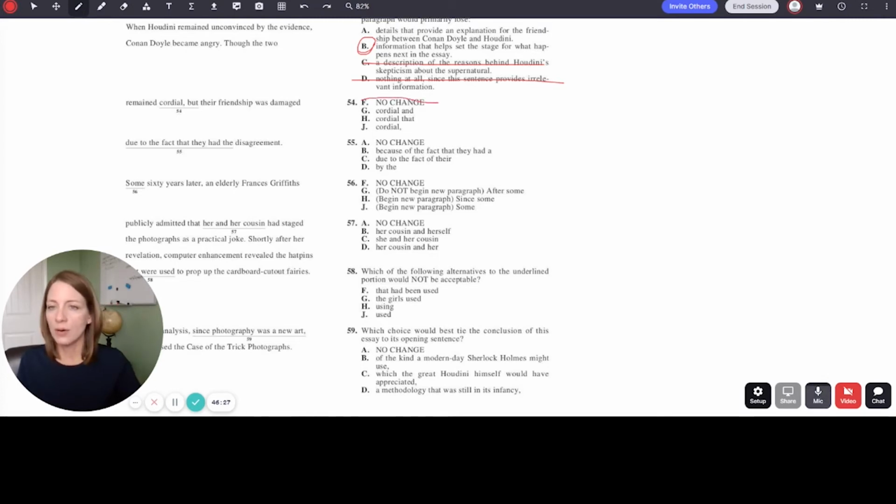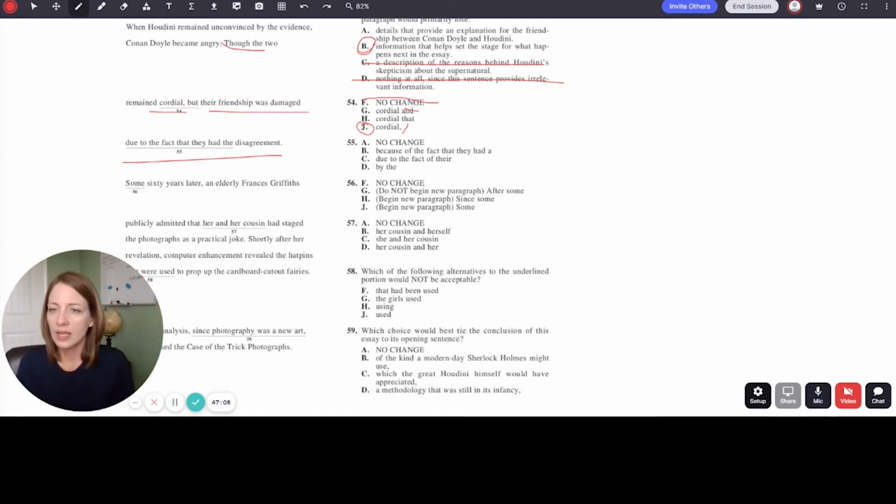"Though the two remained cordial, and their friendship was..." no. "Though the two remained cordial, that their friendship," no. "Though the two remained cordial, comma, their friendship was damaged." Okay. So that's just a little introductory clause at the beginning. All right, so you've got an introductory clause with a little comma following it, and then you've got your independent clause going after it. Okay?